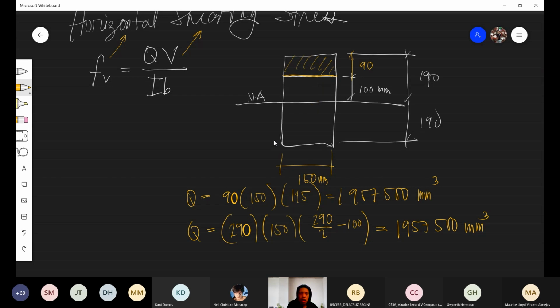Now, how about if the fiber you are considering is below the neutral axis? Which area will we take?